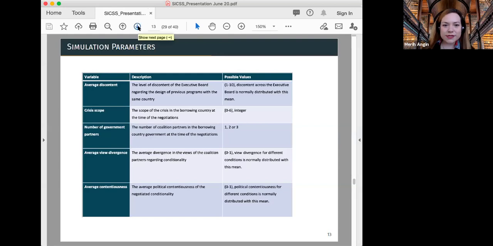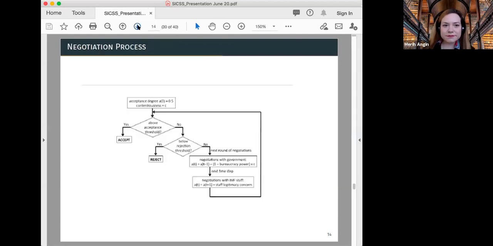So what I was saying is that the negotiation process is not too complicated in the simulation. But in reality, for the further simulations we did for the project, they are a lot more complicated, particularly when we are modeling cases like Greece, when there are more actors involved.